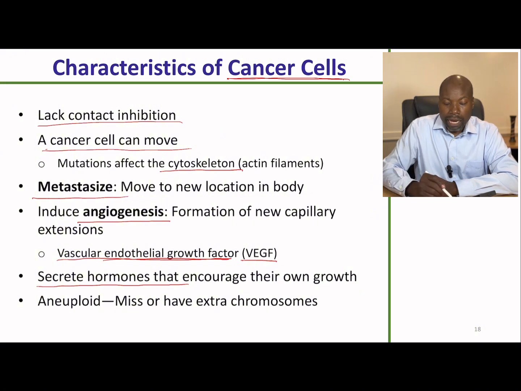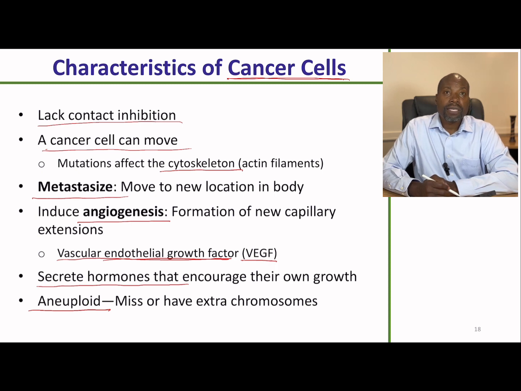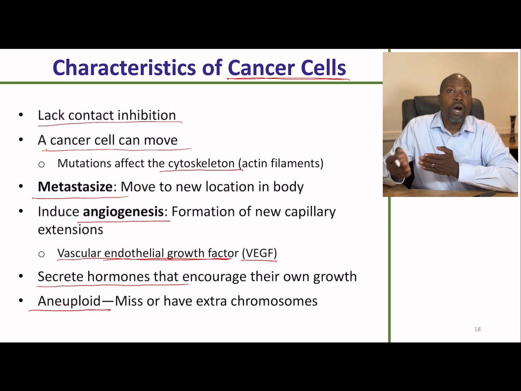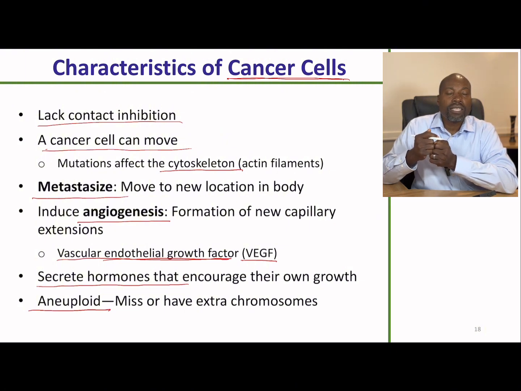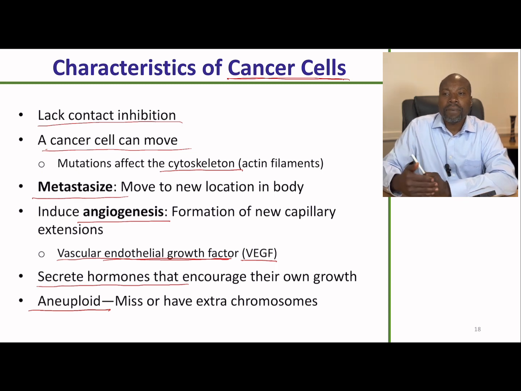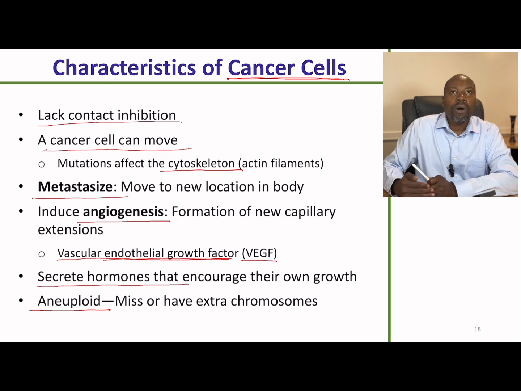And sometimes aneuploidy is going to develop, having either an extra chromosome or loss of a chromosome. Why would this happen? Because understand that uncontrolled cell division is not just cell division that is happening out of control. The cell divisions are also happening faster than they should, right?